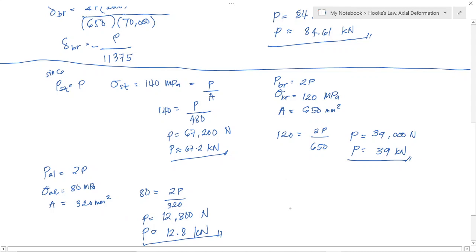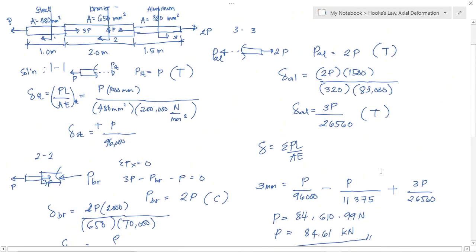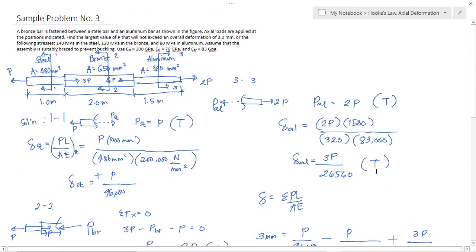So the final answer is equivalent to 12.8 kilonewton. Why? Because what is being asked in the problem? The requirement of the problem is the largest value of P that will not exceed an overall deformation of 3 mm or the following stresses.